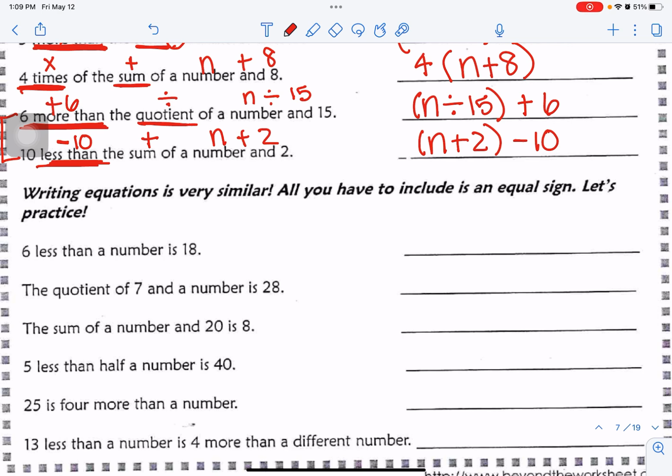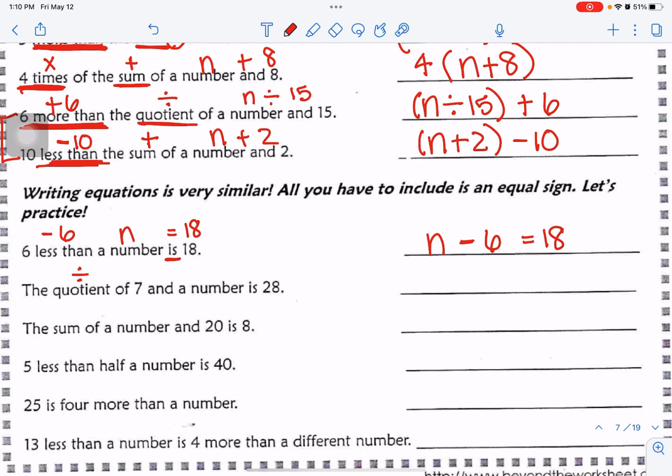So if I say 6 less than, I'm subtracting by 6. 6 less than a number is, and we see our word is, which means to equal 18. So I have a number, subtract 6 equals 18. Now I'm going to do the quotient.